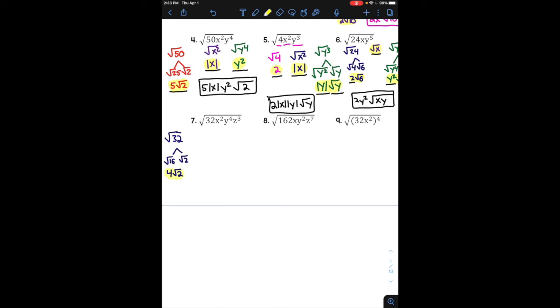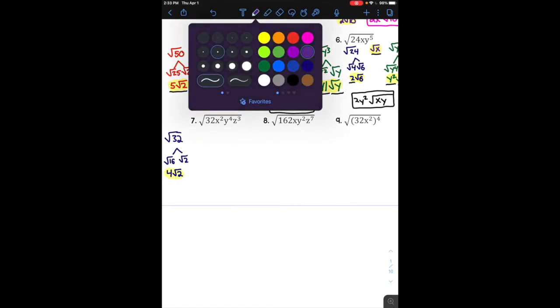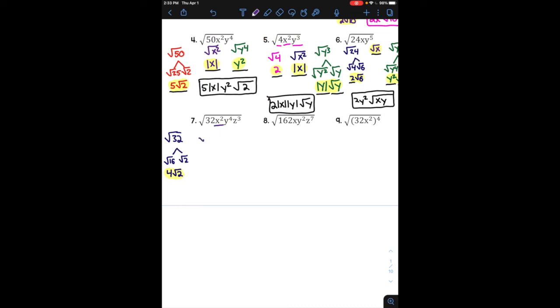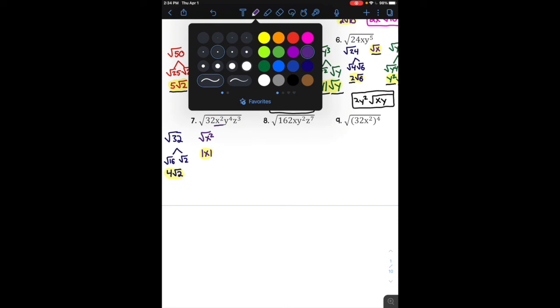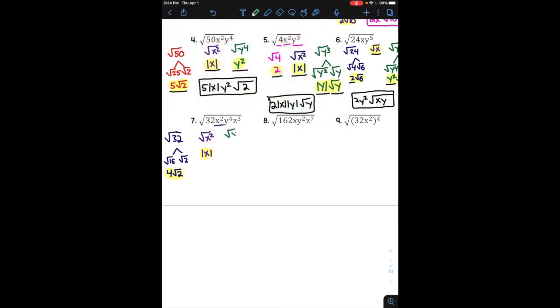The square root of 16 is 4, in which the square root of 32 reduces to 4 root 2. Let's move on to the square root of x squared, which we now know is the absolute value of x. I know it's the absolute value because we took the square root of an expression with an even exponent, and the result was an odd exponent. Next we'll do the square root of y to the 4th, which we know is y squared.